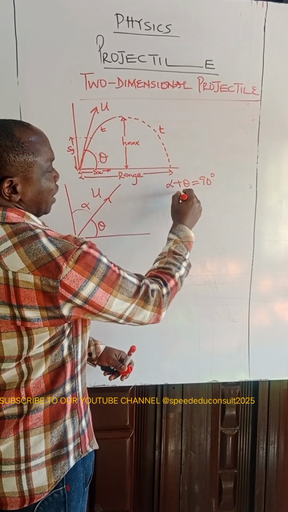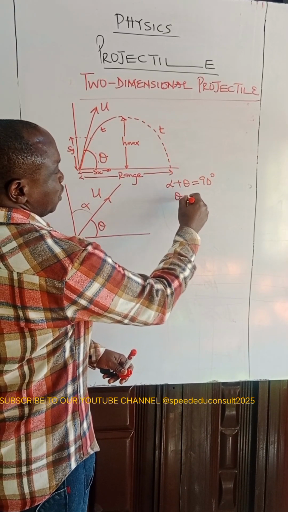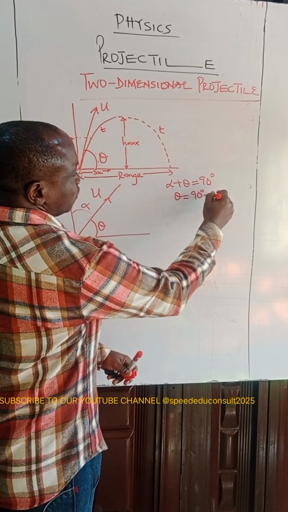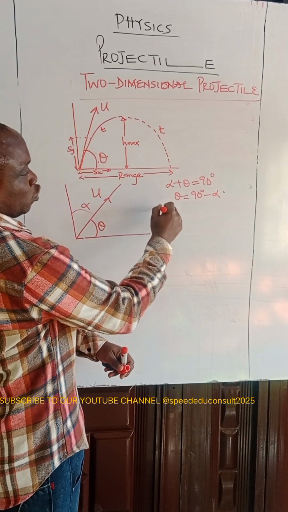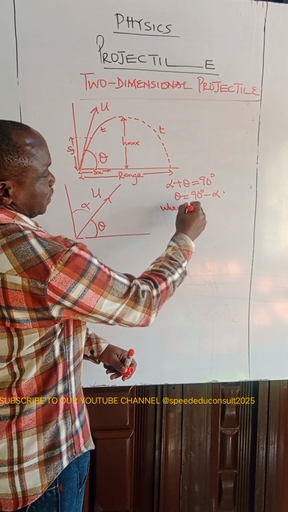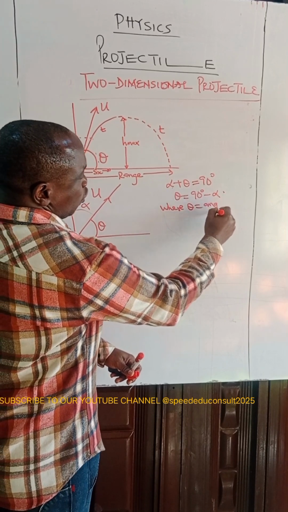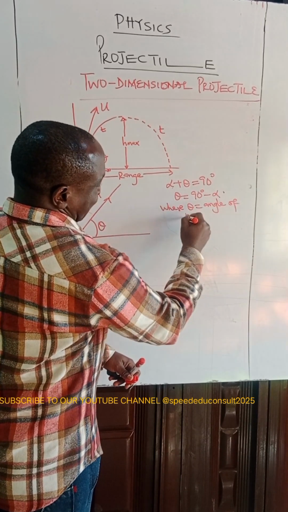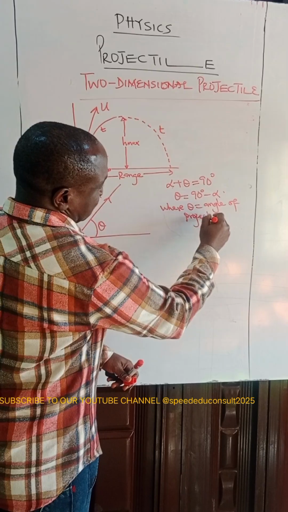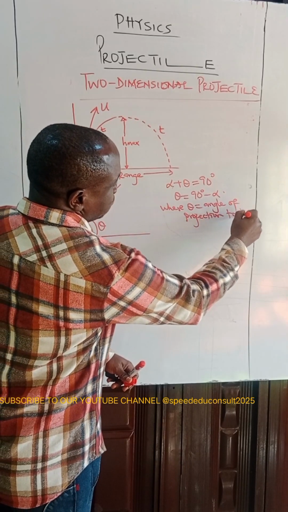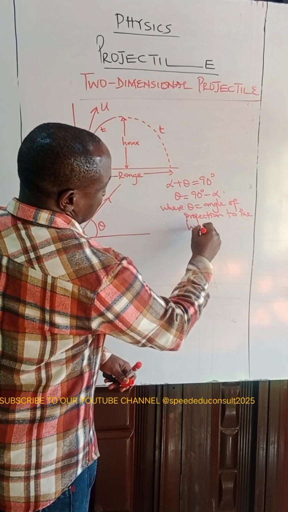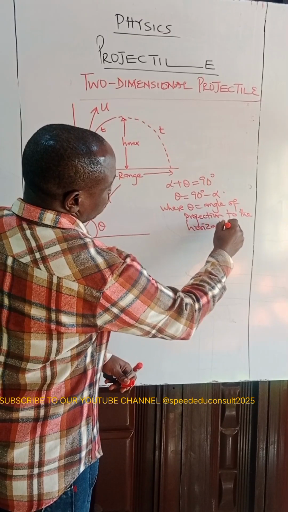Then you look for theta. Theta will be 90 degrees minus alpha. Always take note of that, where theta is equal to the angle of projection to the horizontal.